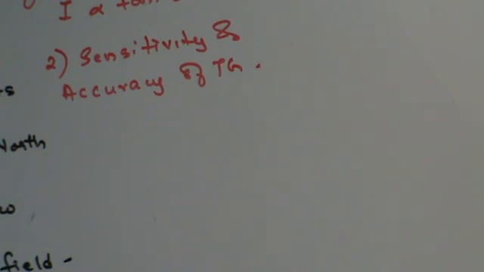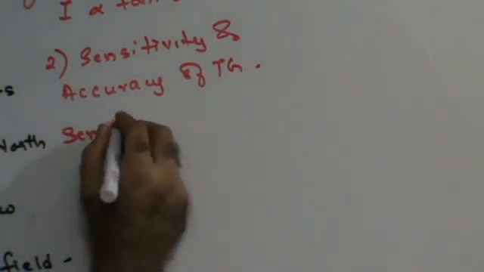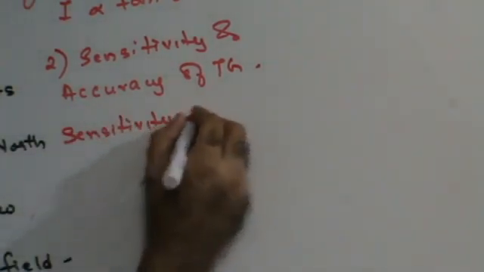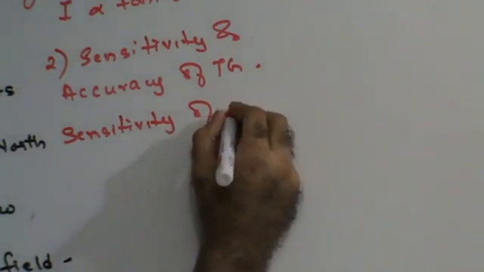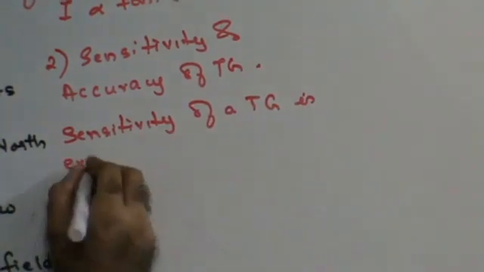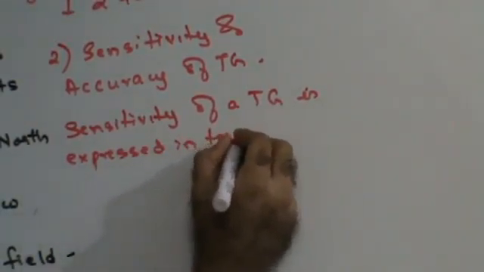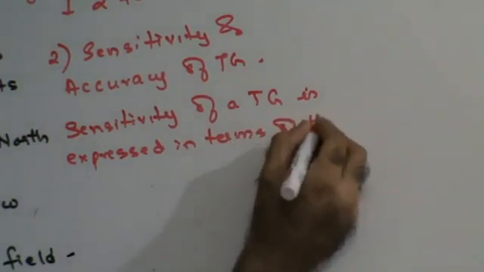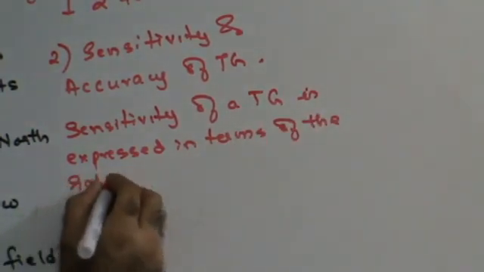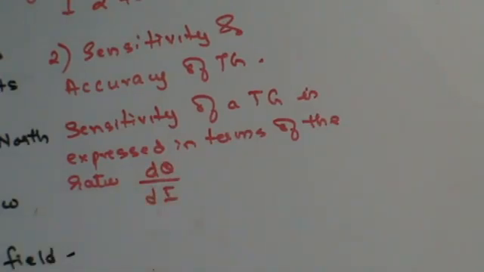Thus, the sensitivity of a tangent galvanometer is expressed in terms of the ratio d theta upon dI. How much deflection it gives per unit current, right?